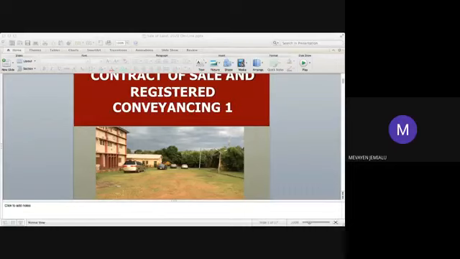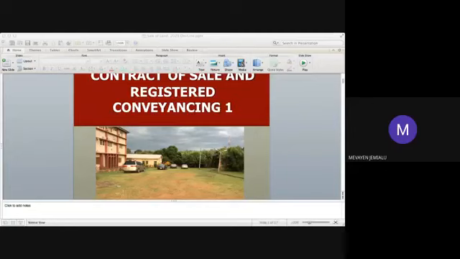Four, explain the need for a pre-contract inquiry. Five, mention various types of contract of sale of land in Nigeria. Six, we expect you to be able to discuss the principles governing each type of contract of sale of land.